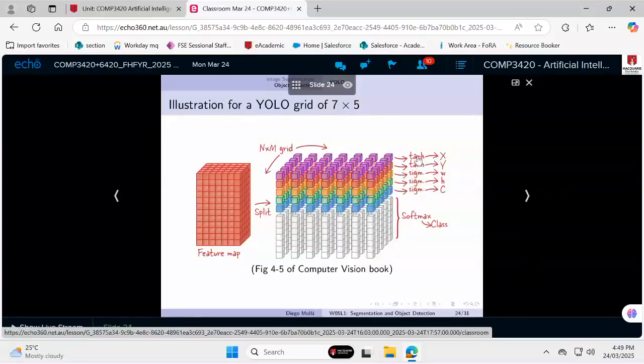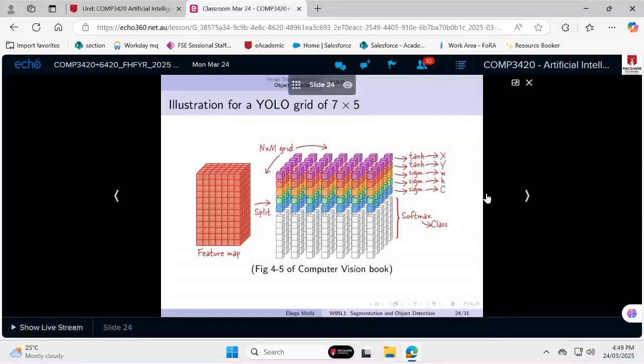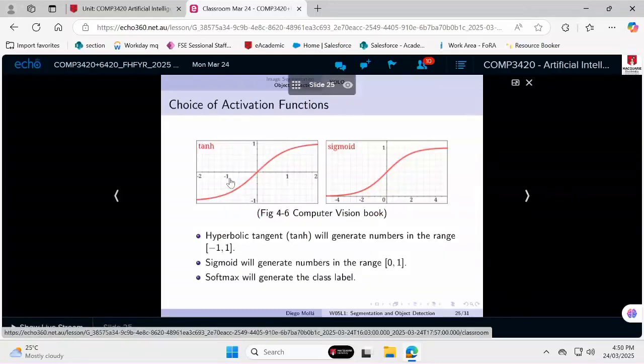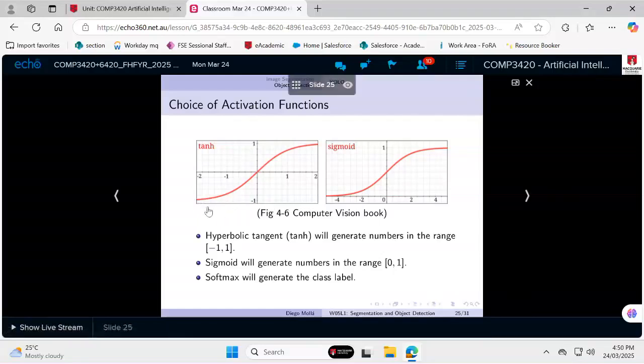The one chosen is the hyperbolic tangent, which I'm going to show a drawing of here. As the output of the neuron changes, after the activation function you get a value between -1 and 1 using this shape here.